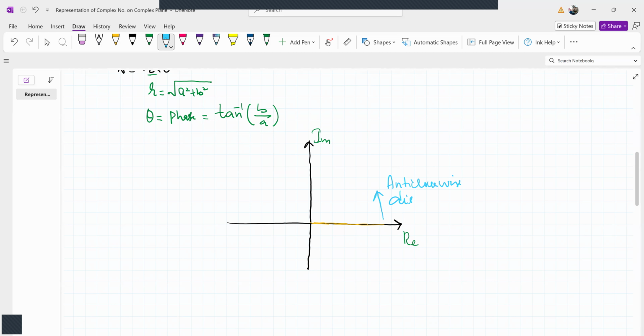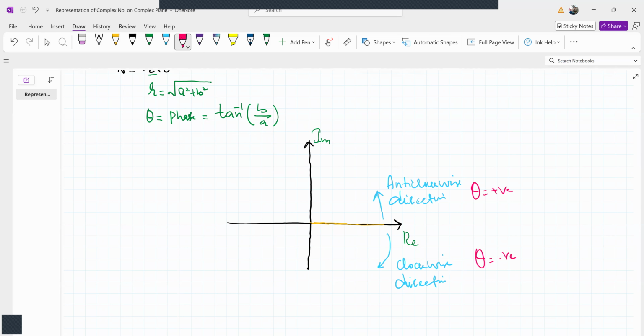So we move in this direction if theta is positive. Similarly, we move in this direction, which is referred to as clockwise, if theta is negative.